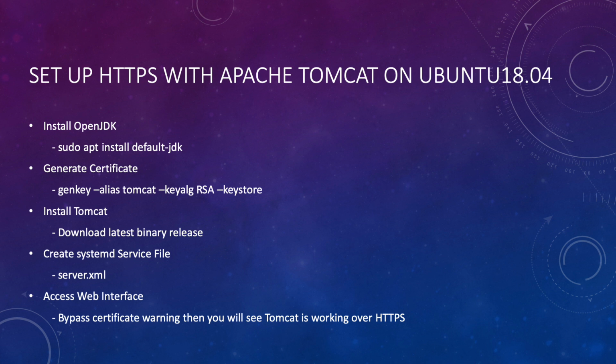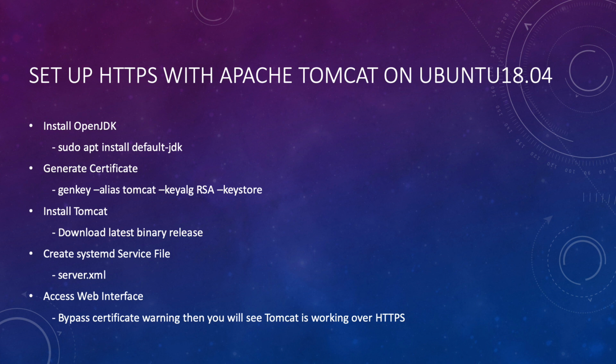Then you're going to need to install Tomcat and download the latest binary release. Then create a systemd service file and go through server.xml and enter the connector block for HTTPS and restart Tomcat.